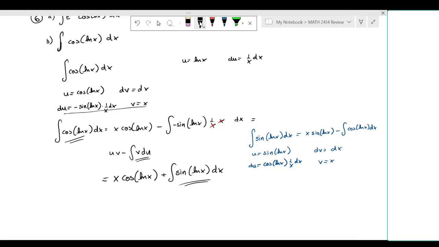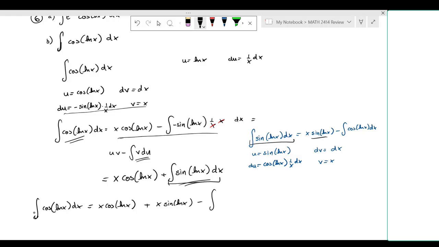We have the original integral, and from the first use of integration by parts, minus, or I should say plus, and then we used integration by parts on the sine of log x again. So we get x, and then minus our original integral.